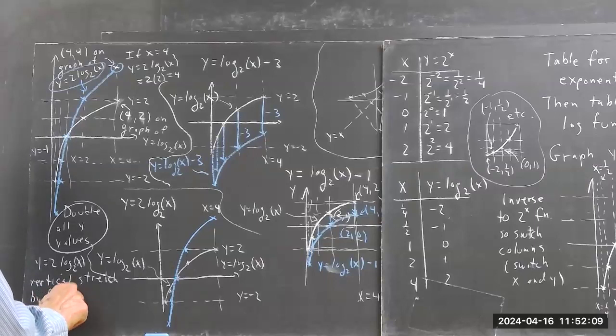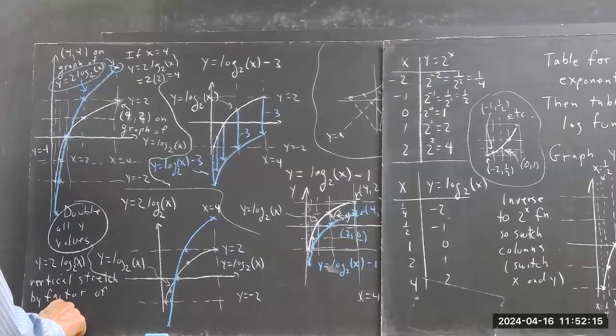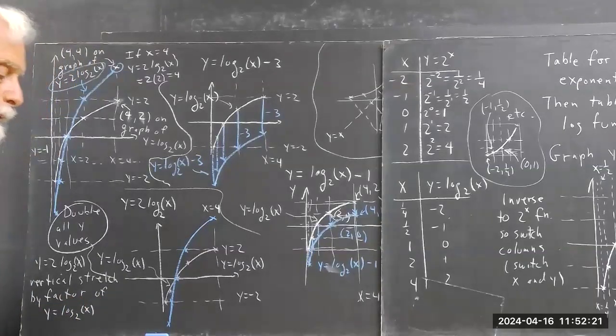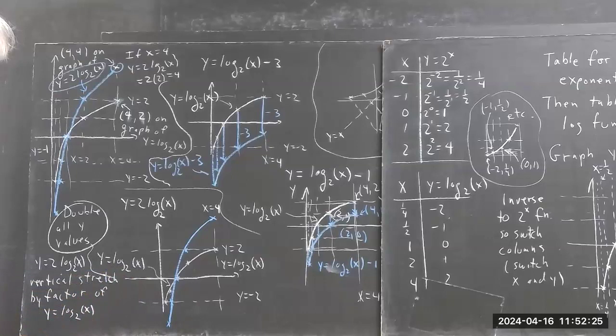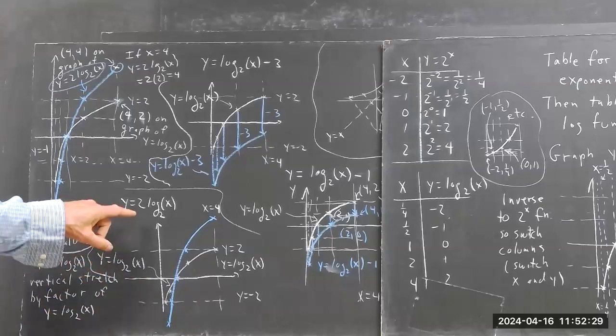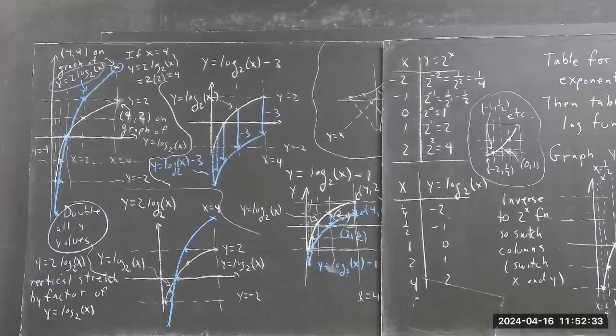Vertical stretch by factor 2. Y equals log base 2 of x. Now we have to move on and begin talking about something else. And we'll rely on OpenMath to fill in a few more details, like what happens if you want to do y equals 2 log base 2 of x minus 3.